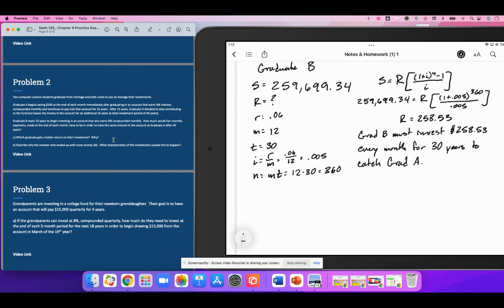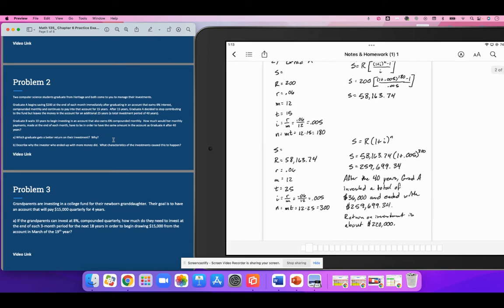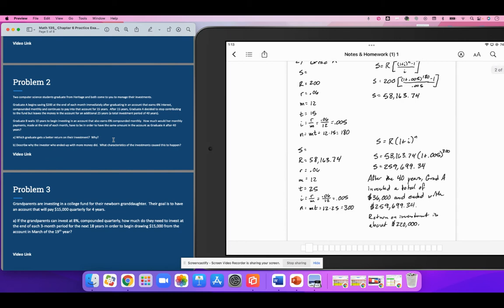So we are going to do a little bit of an analysis on who ended up with a better return on their investment. And so we need to come back here for a moment. So let's take a look at the total amount invested by grad A. The total amount put in the account was $36,000.